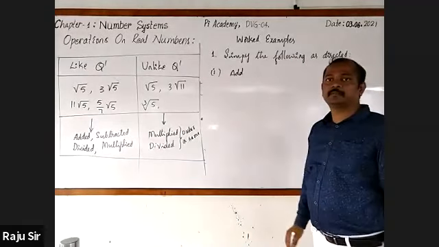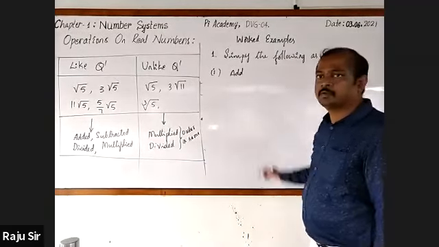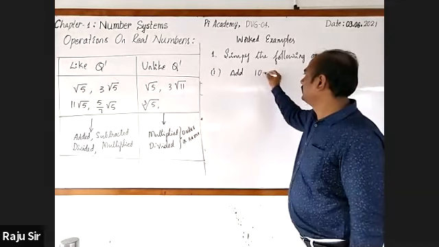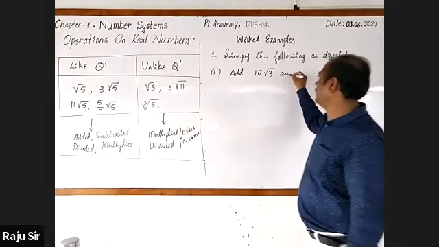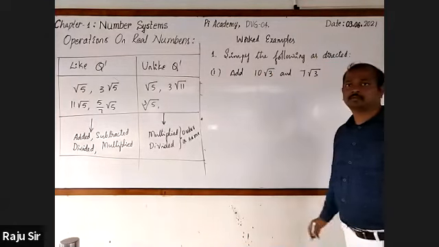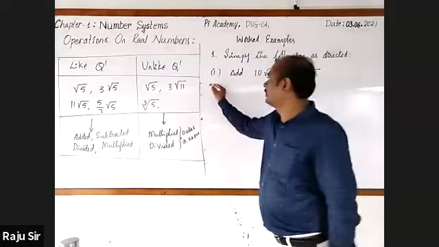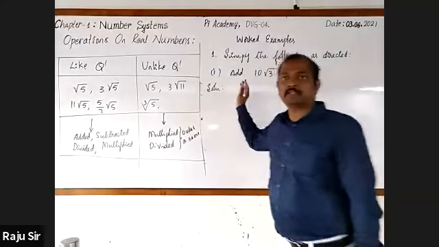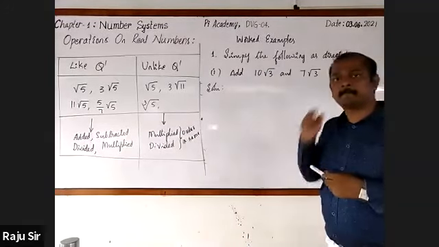In that, the first one is 10 root 3 and 7 root 3. Is it possible to add them? Yes, sir. Okay, just observe.